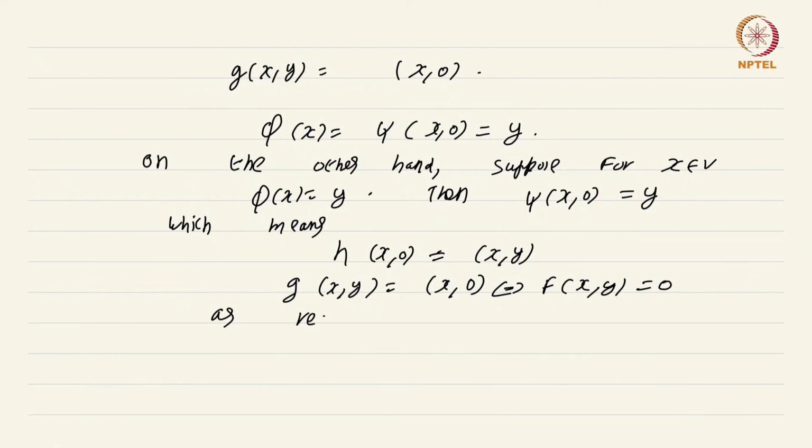So this entire proof is just unraveling the definitions of what g, h and phi are, and that will give it. Of course, phi of x_0 equal to y_0 is also done.